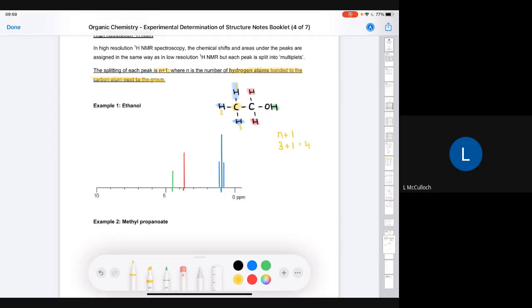So that red peak is going to split into 4 lines. What I'm going to do is split that red peak into 4 lines, like so.